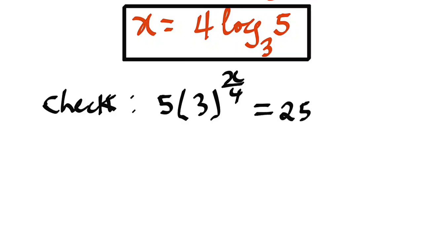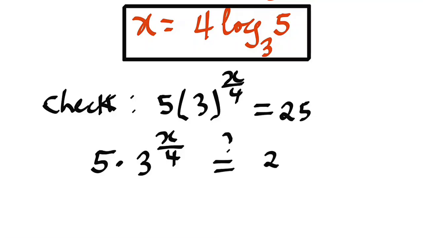So now if I have 5 multiplying 3 to the power of x over 4, will this give us 25?